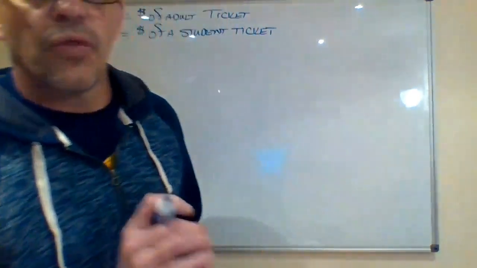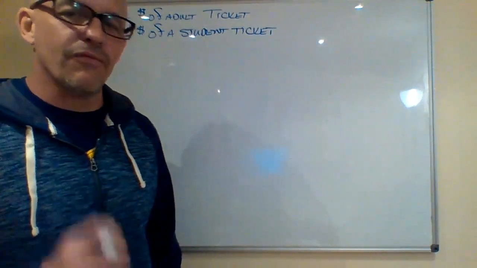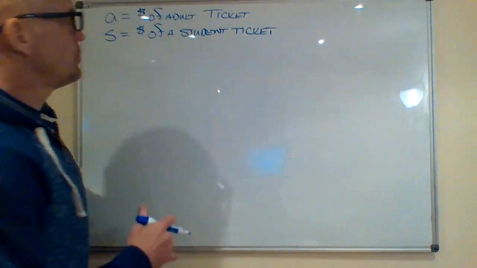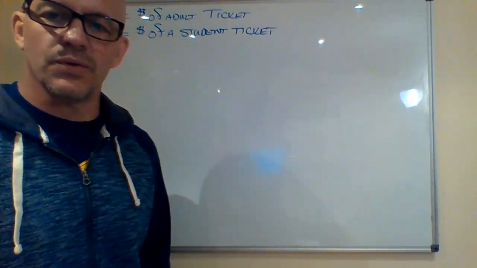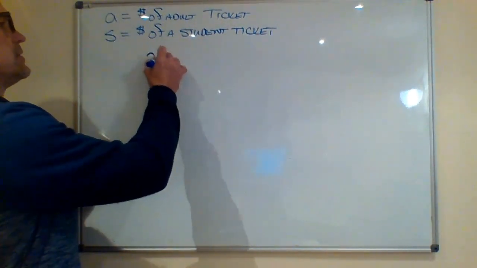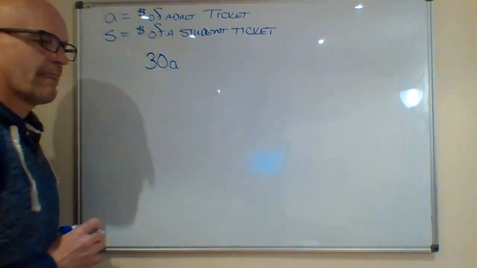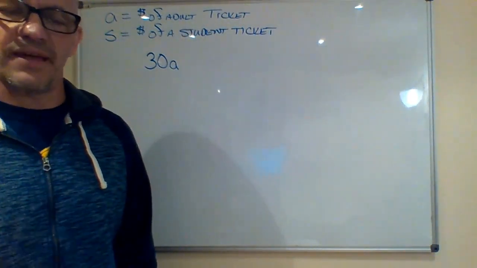So if I've sold 30 adult tickets, the amount of money I've brought in off of those adult ticket sales would be the cost of an adult ticket times the number of tickets I sold. So the first thing I'm going to put down is 30 times A. That gives me the amount of money that I brought in on adult tickets.